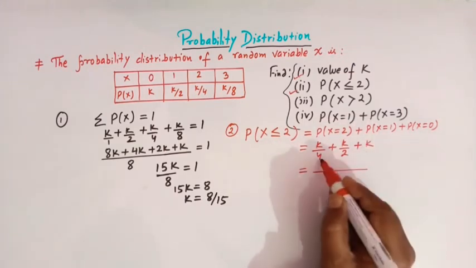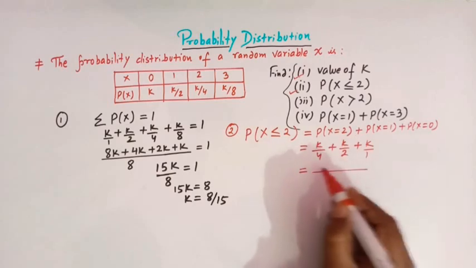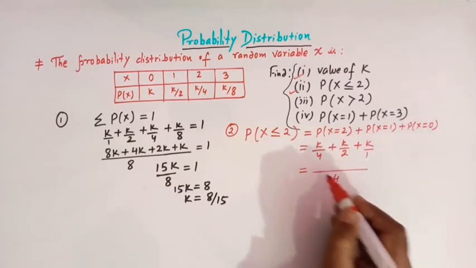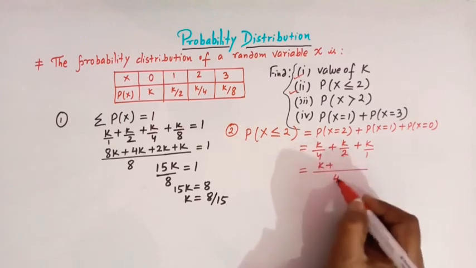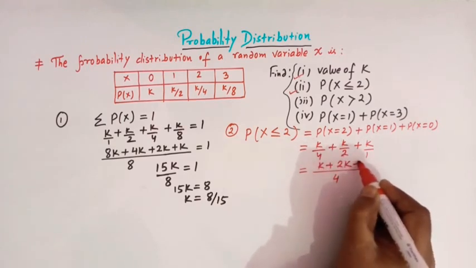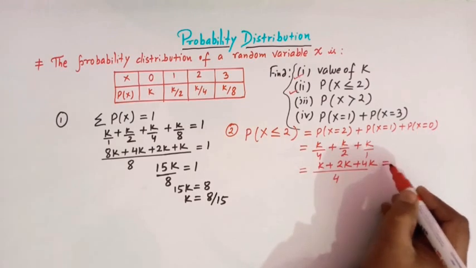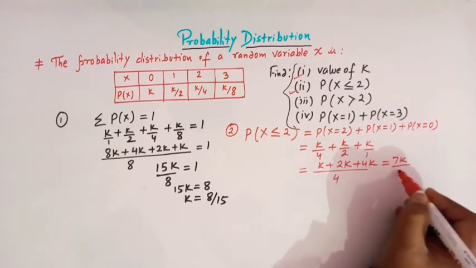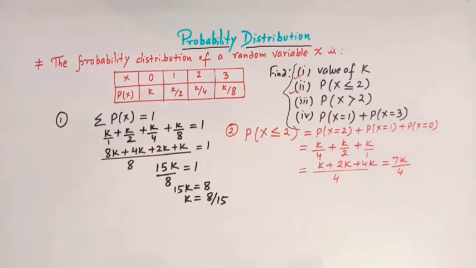And again we'll take the LCM. So the LCM of 1 to 4 is 4. Here we have k, here we have 2k, here we have 4k. So we have 4 plus 2 is 6, plus 1 is 7k over 4.